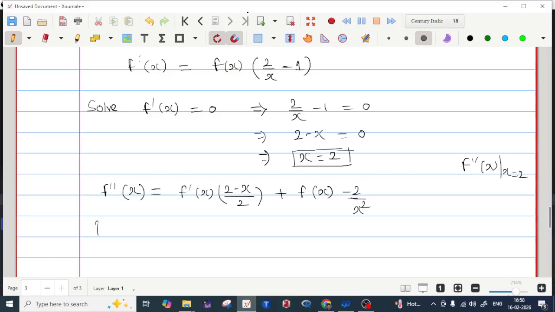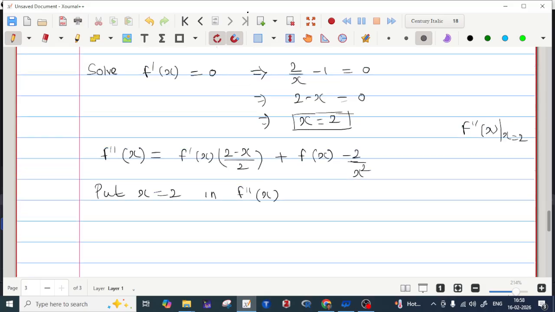Now put x is equal to 2 in f double dash x. F double dash x at x is equal to 2: this term will get cancelled, this will be 0. If you put the value of x is equal to 2 here, this is minus 2 upon 4. So this is a negative quantity.